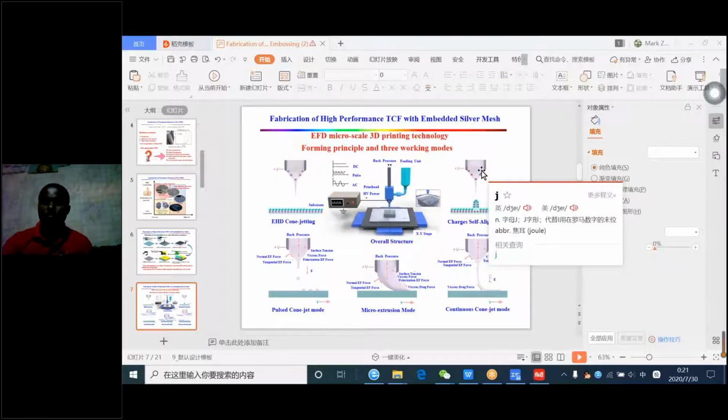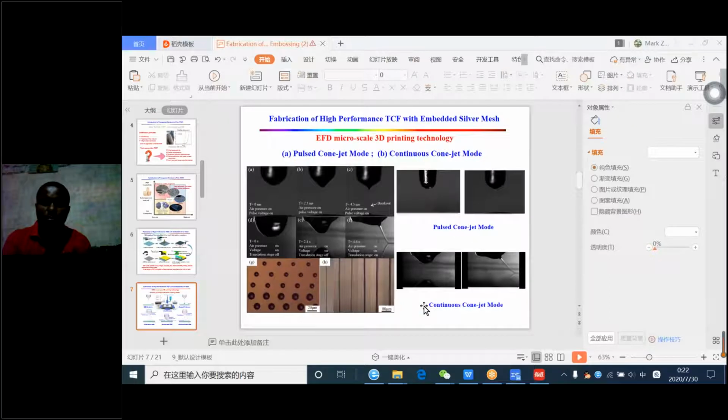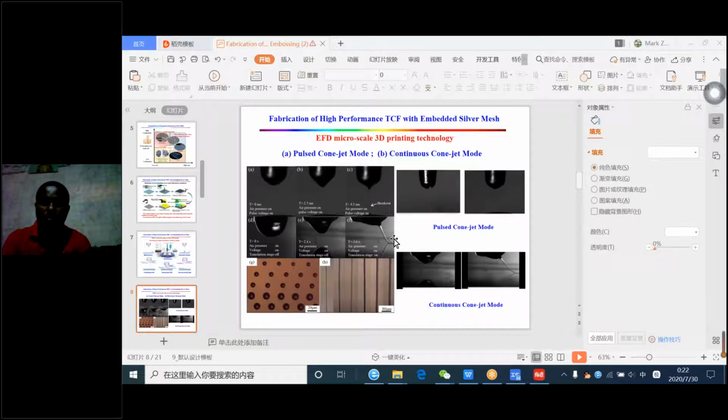It has three working modes, which can take into account printing efficiency and printing accuracy. These are the paused contact mode and continuous contact mode, which can be used for fabricating micro droplets and micro lines.